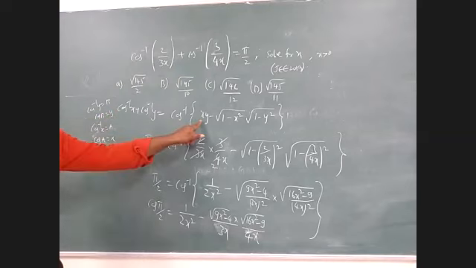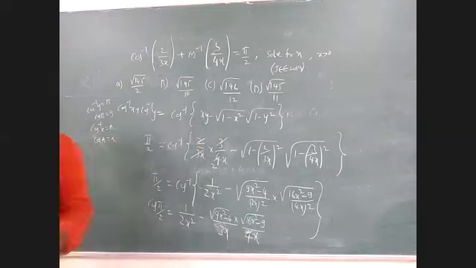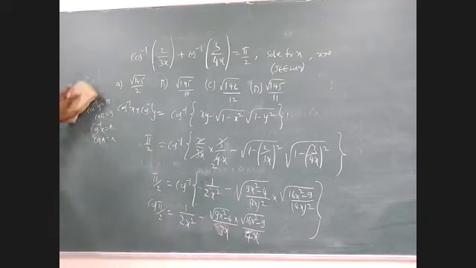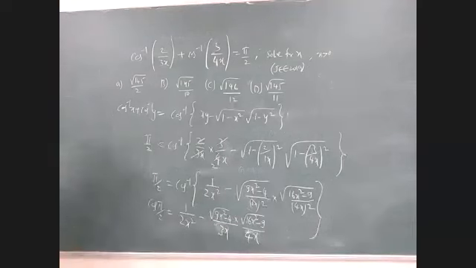That's why you got x into y minus root of 1 minus x square into root of 1 minus y square. Like that, you should have an idea. So you cannot forget this formula. The formula is easy. Even if you forget, you can use the cos A plus B formula, then you will get it.